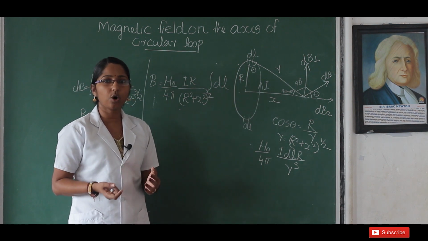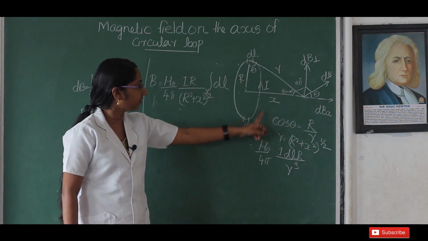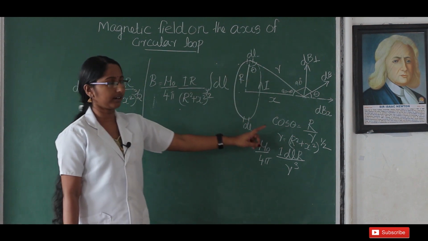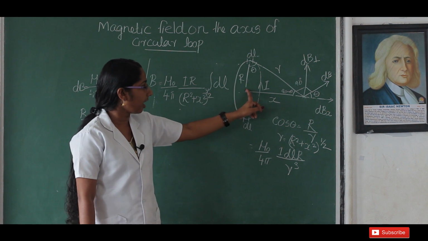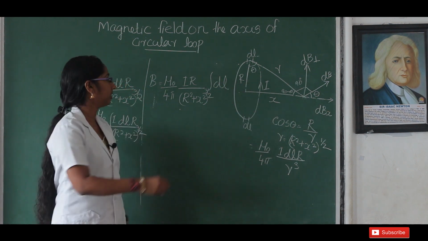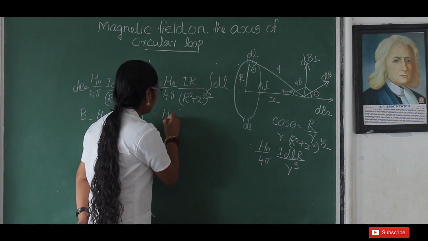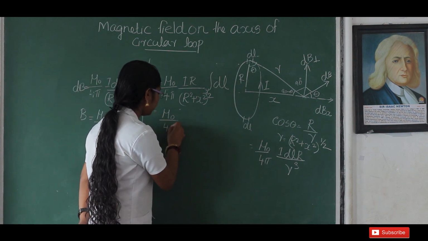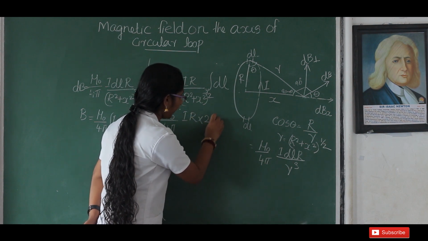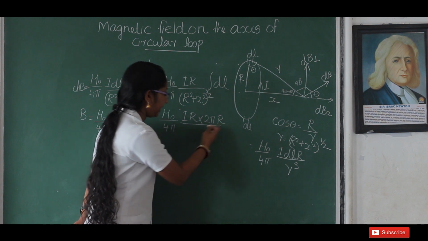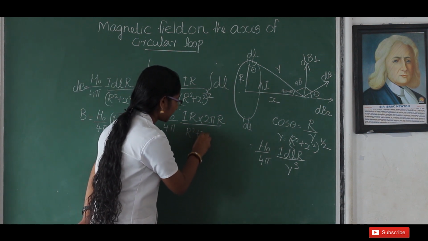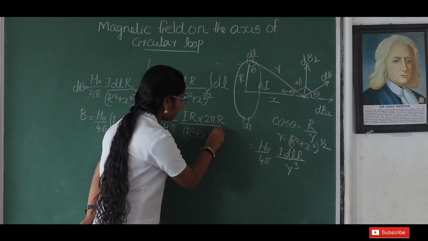So what is the total length, or the circumference of this circular loop? It is 2 pi r, isn't it? Here the radius is r. So integral dl becomes 2 pi r. Then we can write it as mu 0 by 4 pi I r into 2 pi r divided by r square plus x square raised to 3 by 2.